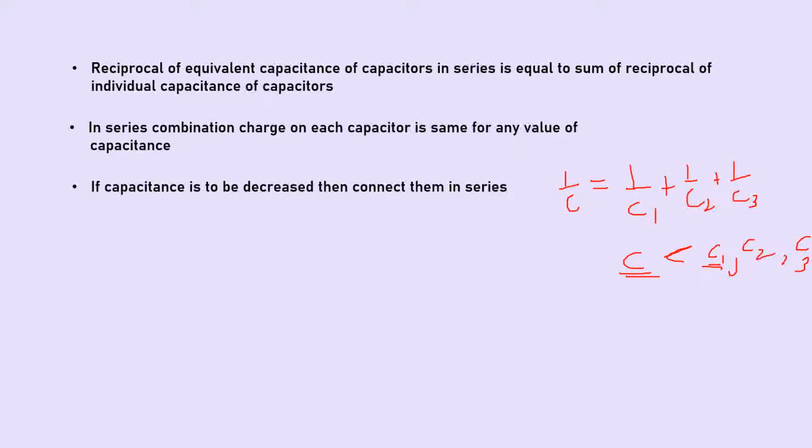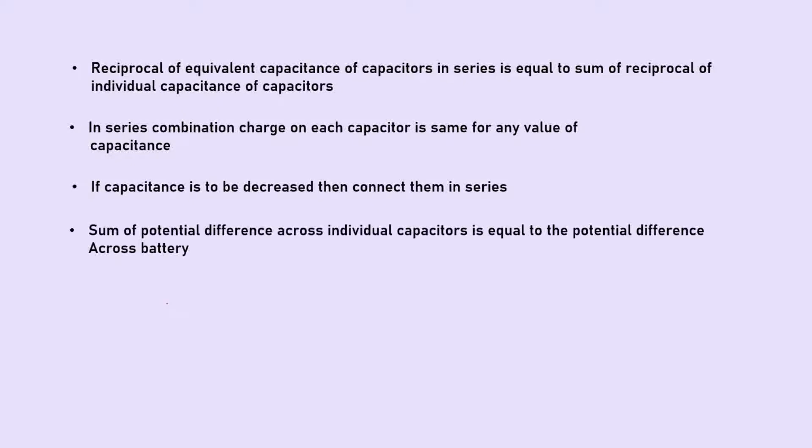Next point: the sum of potential differences across individual capacitors is equal to the potential difference across the battery.